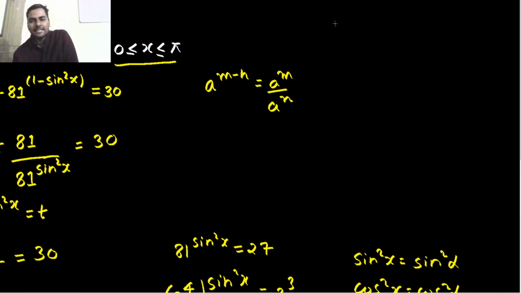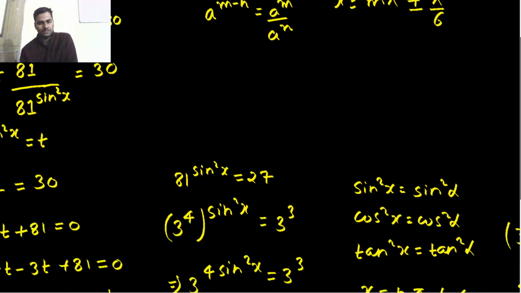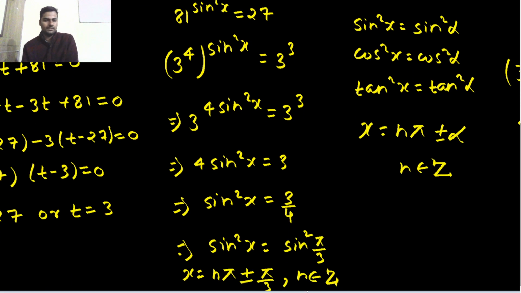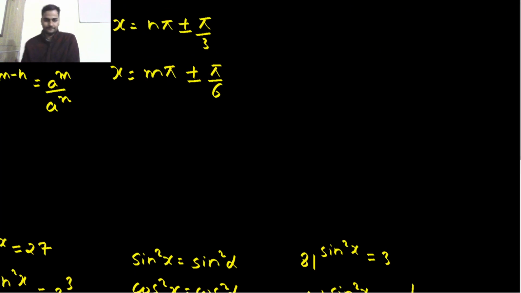So one is saying that x is n pi plus minus pi by 3. Other is saying x equals m pi plus minus pi by 6. Start putting values of n.